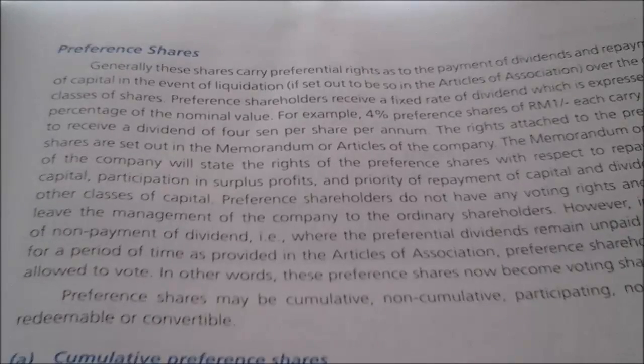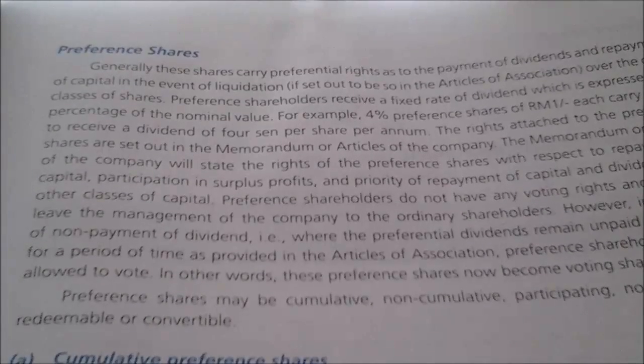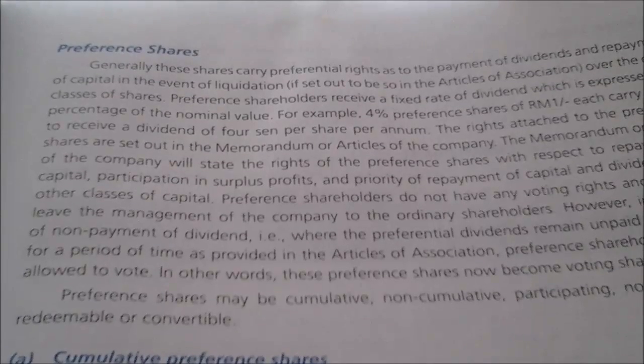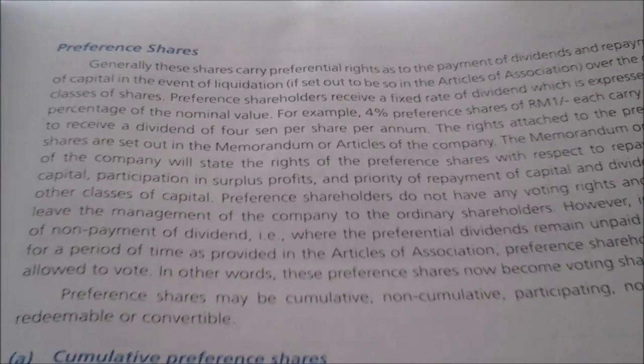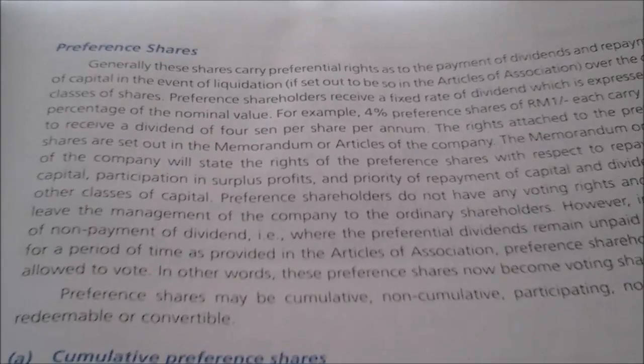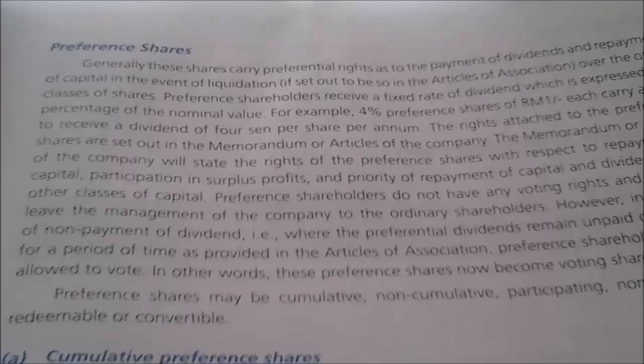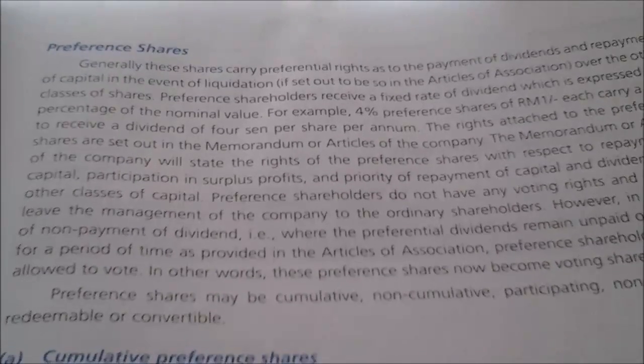Or if the profit is quite minimal and they need the profits for expansion, and they do not declare dividend, the ordinary shareholder might not get any dividend. But preference shares, usually it is a bit higher.